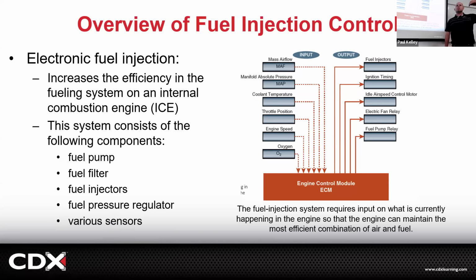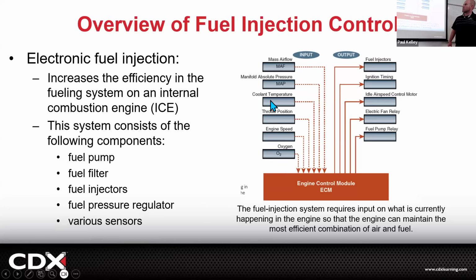All those are inputs so that the computer can determine how long to run the injector on time to get the exact 14.7, right? All these sensors are going to fine tune it, but you've got to assume that all these supply parts are correct and working right. So we might have to test these before we even start to really look at the sensors.